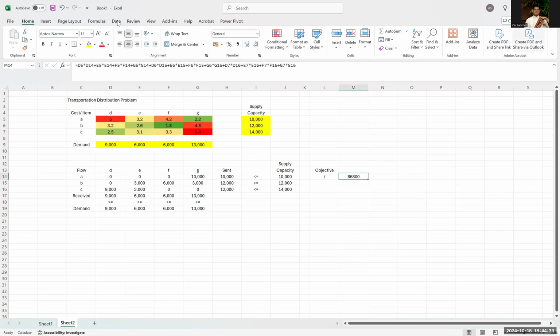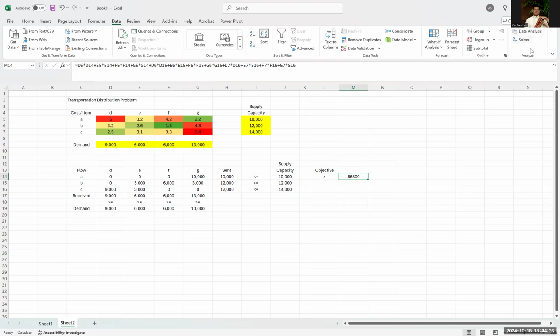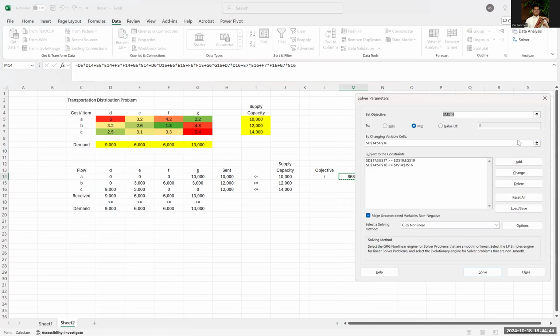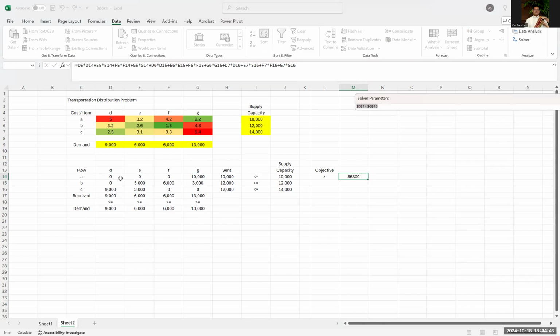In setting up the solver, sir, I use this as the objective. Then you change the variables for the flow matrix, using the constraints: receive is greater than or equal to demand, and sent is less than or equal to capacity.